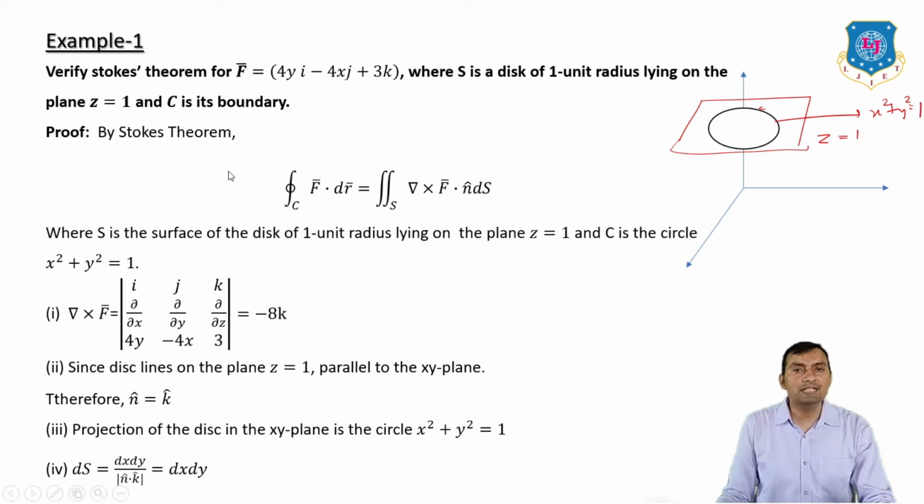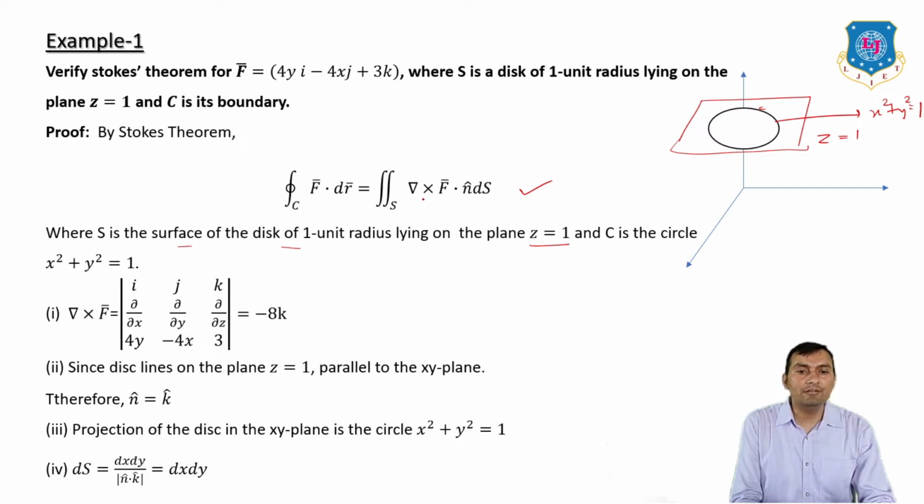Now here we want to verify Stokes theorem, where S is the surface of the disk of 1 unit radius lying on the plane z equal to 1 and C is the circle x square plus y square equal to 1.